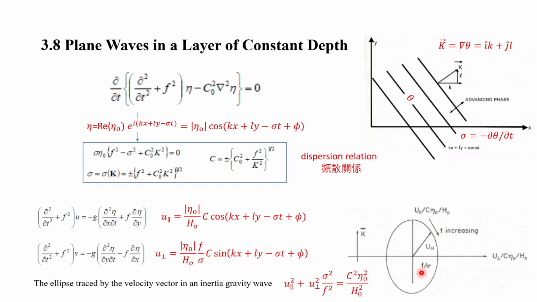As the wave propagates, u parallel and u perpendicular trace the ellipse in the clockwise sense, with t increasing this way. This is a well-known property of the inertial gravity waves.